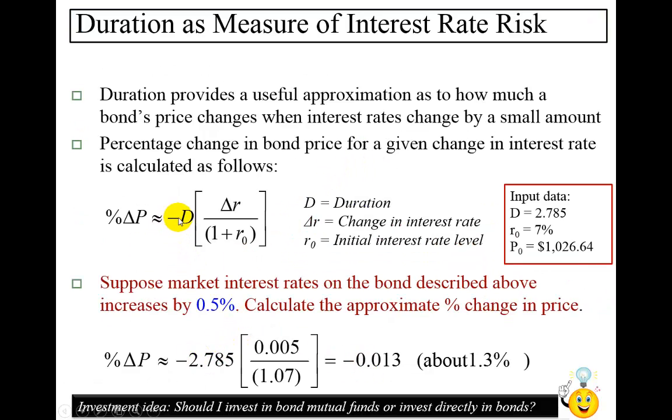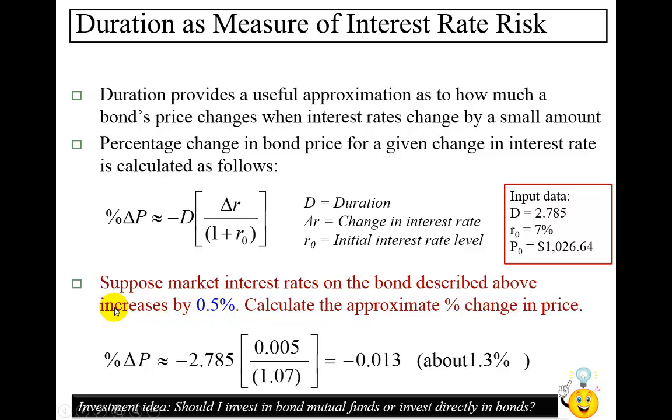Now this sign in front of D is actually an indication of the fact that the change in the value of the bond is going to be negative to the change in interest rates. So it's not a mathematical sign in the sense of the results that you obtain here. It's simply telling you that the value of the bond will move in the contrary direction, in the negative direction, to the change in interest rates.